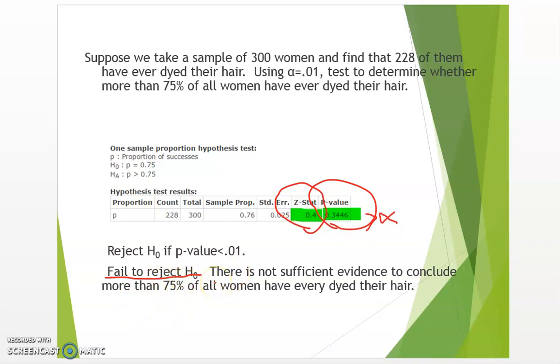We summarize this as: there is not sufficient evidence to conclude or to claim or to state that, at alpha equals 0.01. You just write it out.